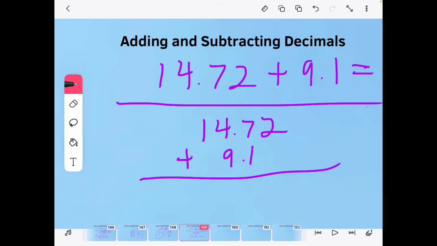Let's fill in my decimal point, the zeros, and do the work. 2 plus 0, 2. 7 plus 1 is 8. My decimal point's there. Fill it in. Your decimal point has to be there. Make it a habit to fill it in a little bit, just in case you forget to put it sometimes. Okay, 4, 9, or 13. Carry the 1, and that is the answer.